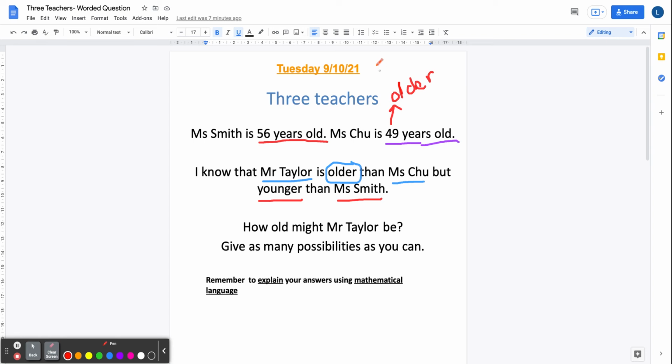Okay. So Mr. Taylor is older than 49, so then that number has to be bigger. And he is younger than 56.